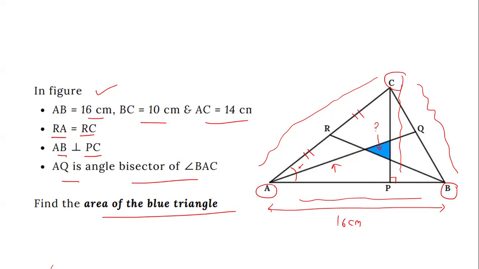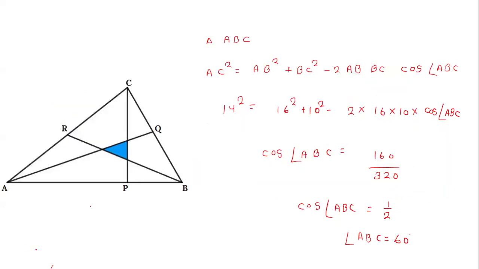So first you can try to solve this, then see the solution. So let's start how we can solve this. First of all, let's say this is our M point, this is our N point, and this is L point.